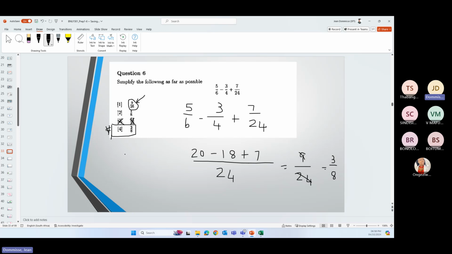So again, just be careful when you do this, that there is one of these questions that nearly wants to throw you off guard. But when we simplify, we get the answer as 3 over 8. And again, on your calculators, this is something that you will be able to work out, where you can say 5 over 6 minus 3 over 4, get the answer, and then say plus 7 over 24.